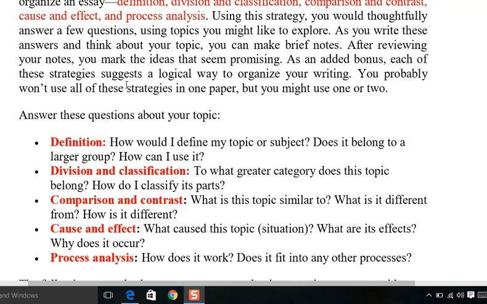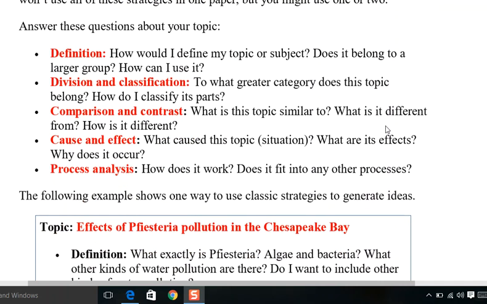Each of these strategies suggests a logical way to organize your writing. You probably won't use all these strategies in your paper, but you might use one or two. For example: definition, number two, division and classification, comparison and contrast, cause and effect, process analysis.